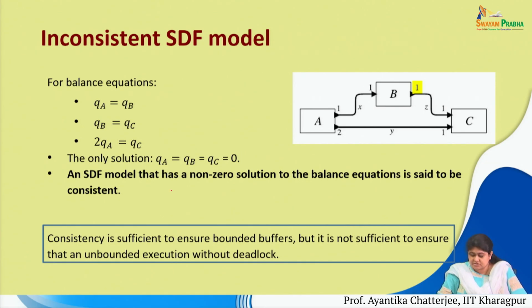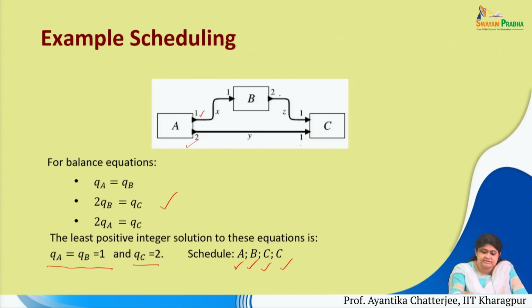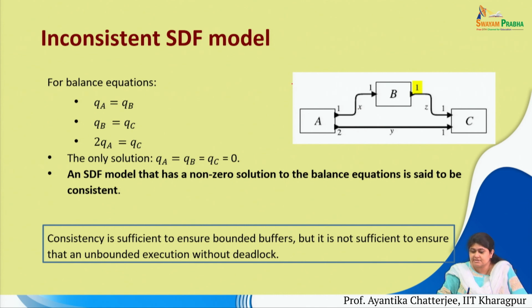Just making a small change here, instead of 2 outputs getting produced, let us consider a scenario where just one output token is getting generated by B. If we follow the same way, my balanced equations are QA into 1 is equal to QB into 1, QB into 1 is equal to QC into 1, and 2QA equal to QC. So these are my balanced equations.